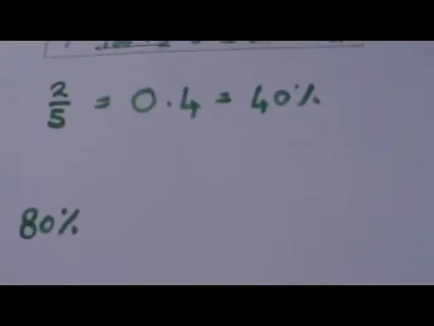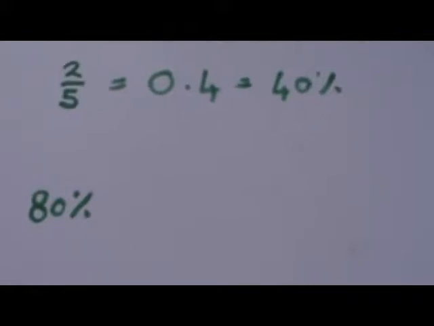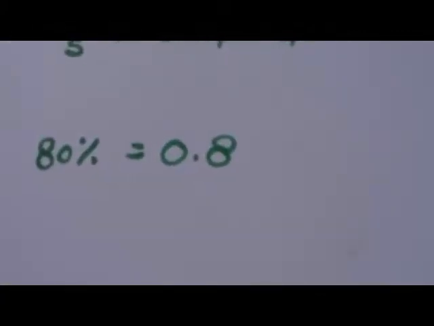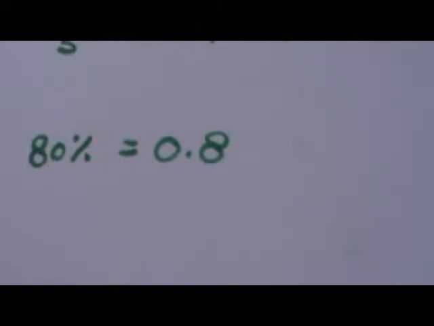We'll start with 80%. So to change 80% to a decimal, we divide by 100. So that's 0.8. To make that a fraction, the 8 is in the tenths column, isn't it? So that's 8 tenths.